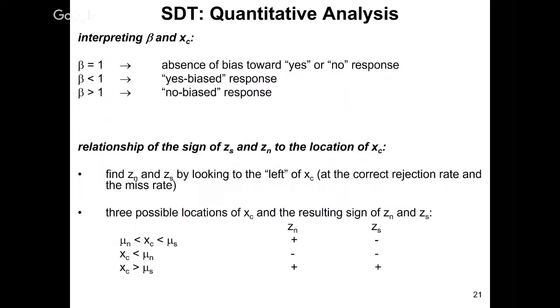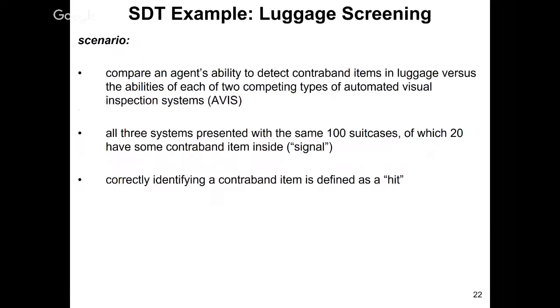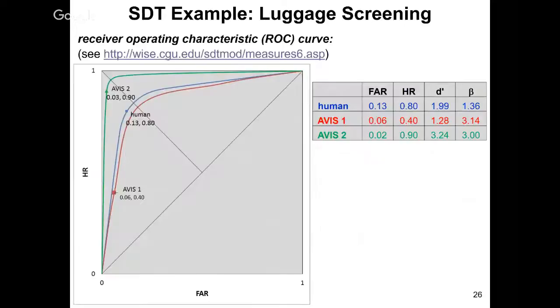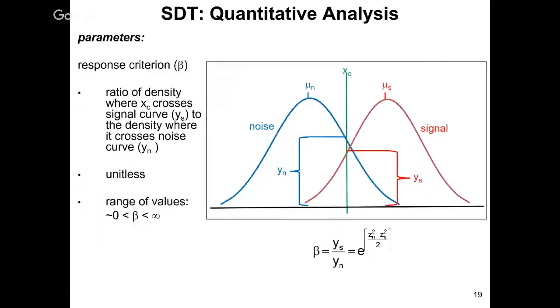Well, we'll just talk about it. Okay, I think it was here that we talked about it. We don't have a visual. So it is possible for the decision criterion to be less than the mean for the noise or greater than the mean for signal. All of these figures have it nice and in the middle, but sometimes it might be over here, and sometimes it might be over here. And we'll see that with the luggage screening example.